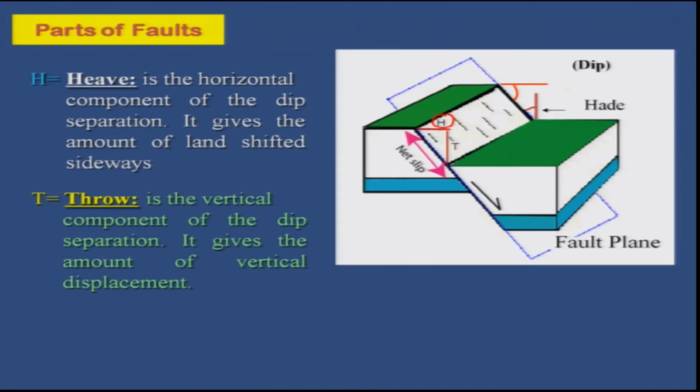Now coming to the throw, denoted by T, which measures the vertical component of the dip separation. So this is the throw which we are getting here. Okay, so heave is this one here, and the next is T, the throw. That is a vertical component.